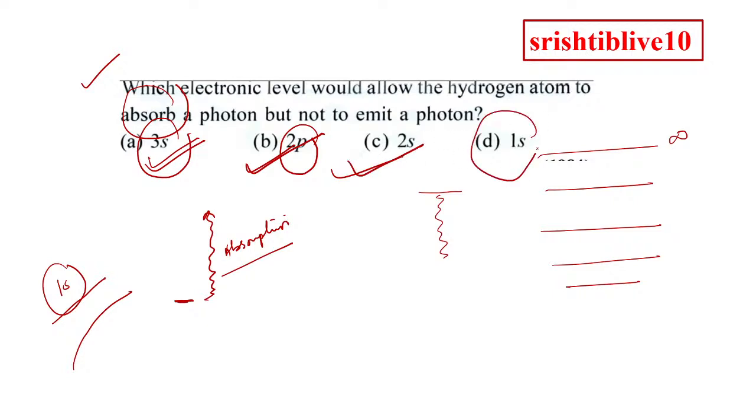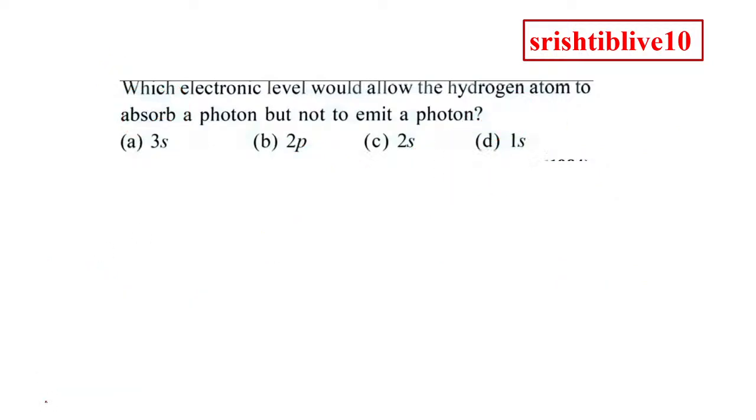But in option D, absorption is possible because it's present in 1s. But what about emission? For emission you should have a low-lying energy orbital, and that is not present because 1s is the starting energy level. So the correct answer for this question is option D. I hope this point is clear to all of you. Okay, great.